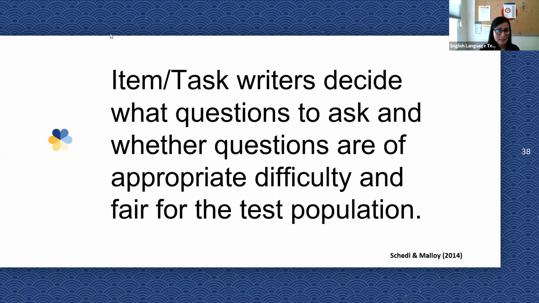We want our test takers to show us what they can do and what they have learned. We don't want our tests to be tricky. We don't want them to be too much above the level of the students, too much challenge just to prove a point, right? So we have that responsibility, and we have to keep the development and the links that I just mentioned before, right?